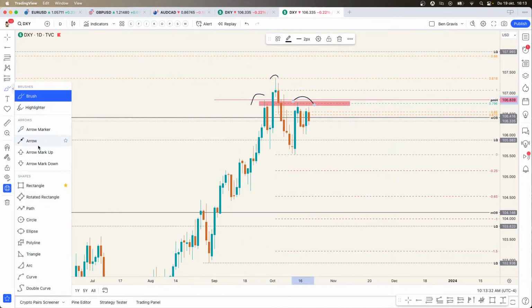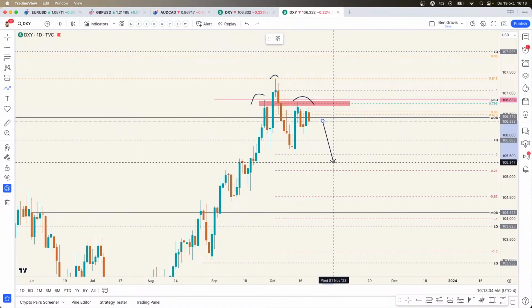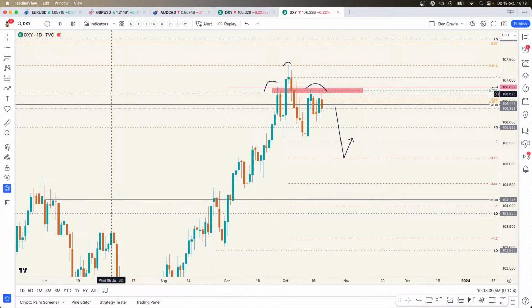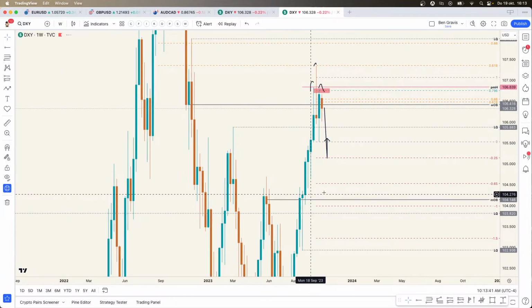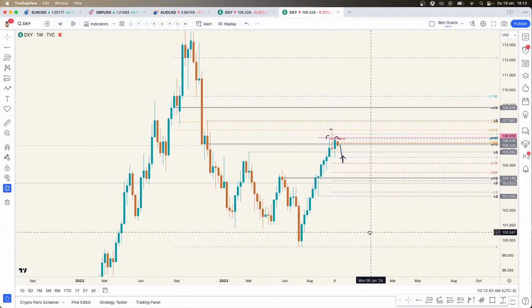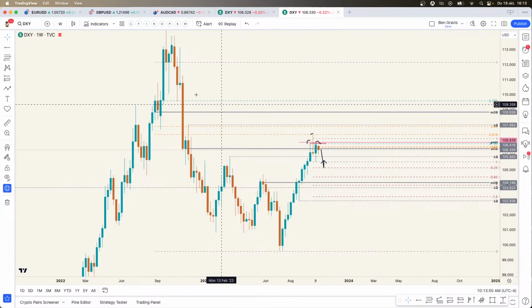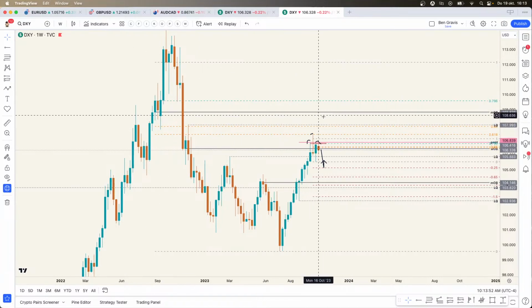And then I would have a target of the minus 0.25, and then we will see what happens, because this chart is really difficult. If we do continue higher, like I said, a new reversal pattern might form, we might see that one over here.